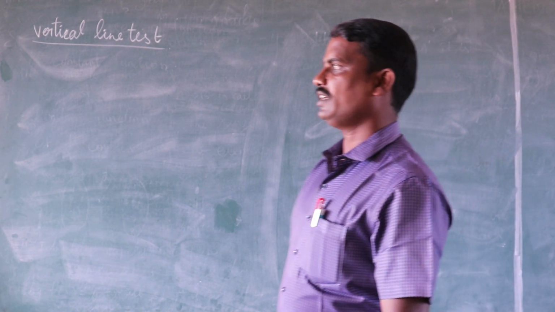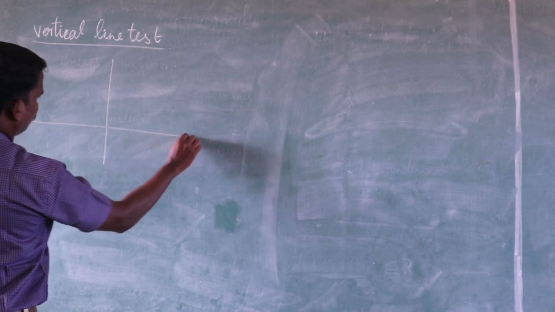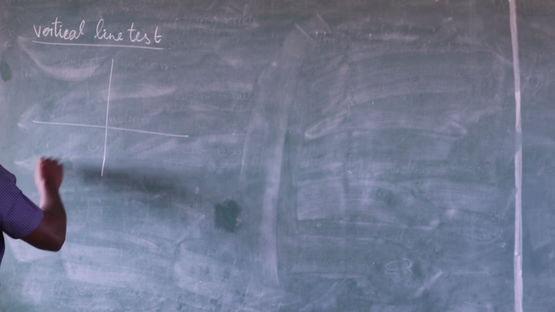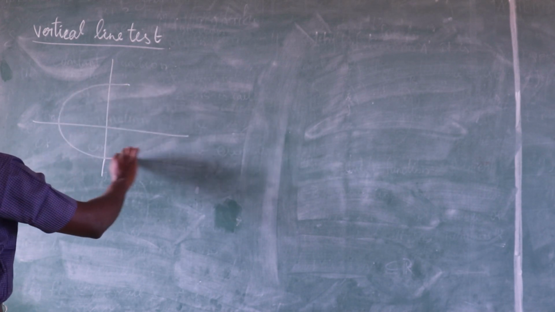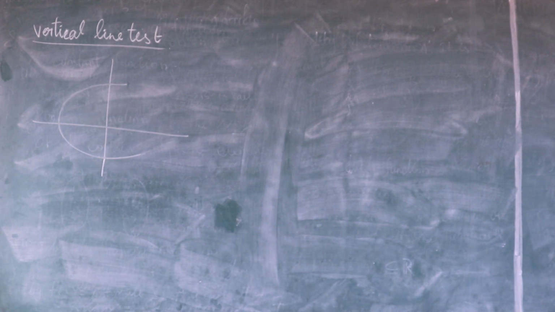A curve drawn in a graph. You can draw a curve in a graph, which has a horizontal line and a vertical line.